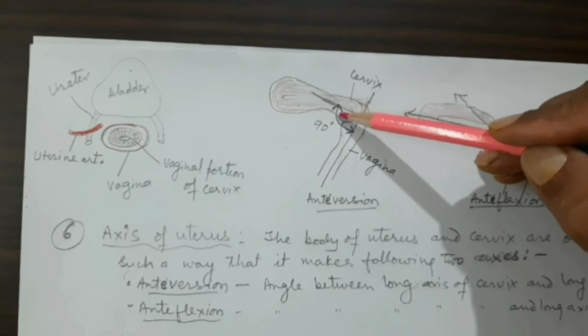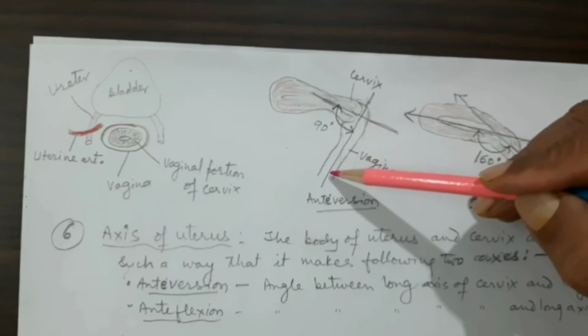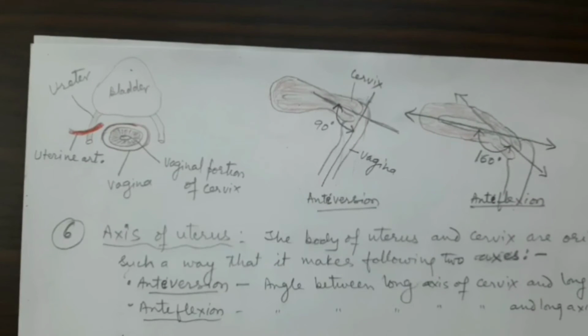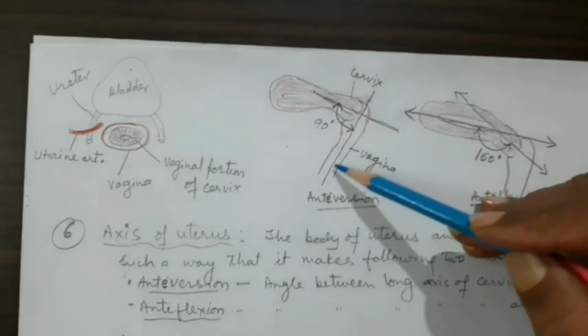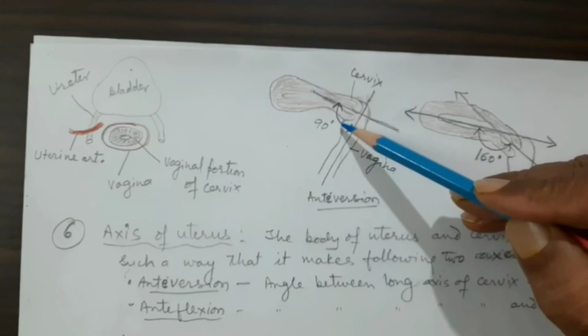That means the cervical canal or cervix is at a right angle to the vagina. This orientation of the cervix in relation to the vagina is called anteversion. So this position is called anteversion, 90 degrees.